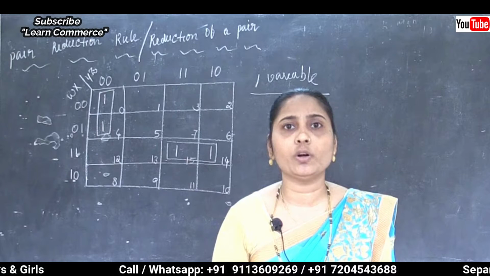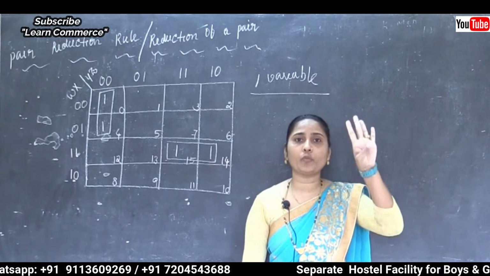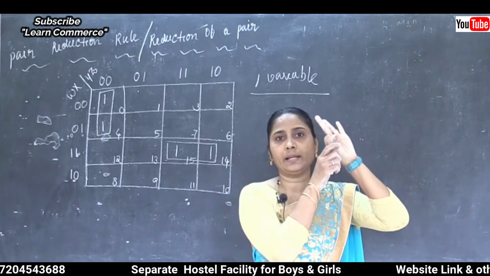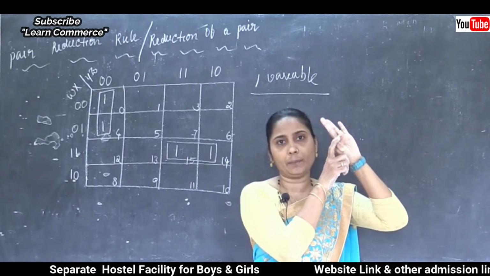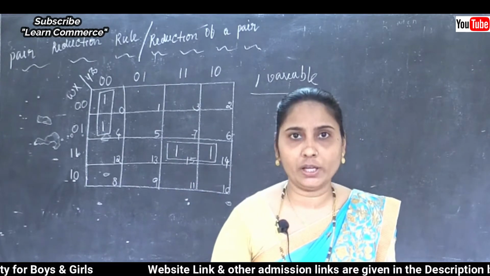How do we check whether our result is correct or not? Maybe 4 variables are there, one variable is removed, and in the result we get 3 variables only. So a pair removes one variable only.